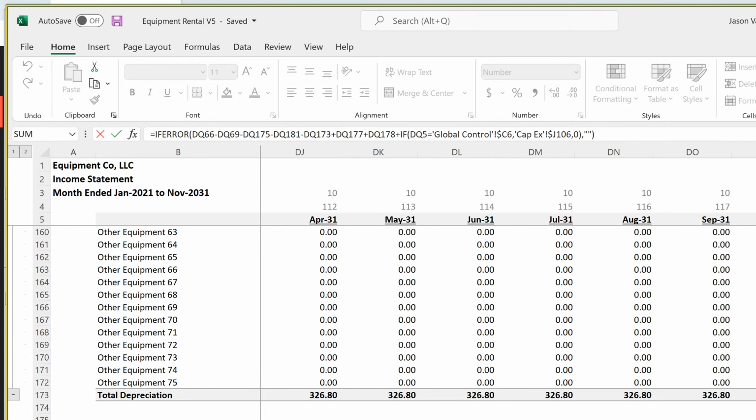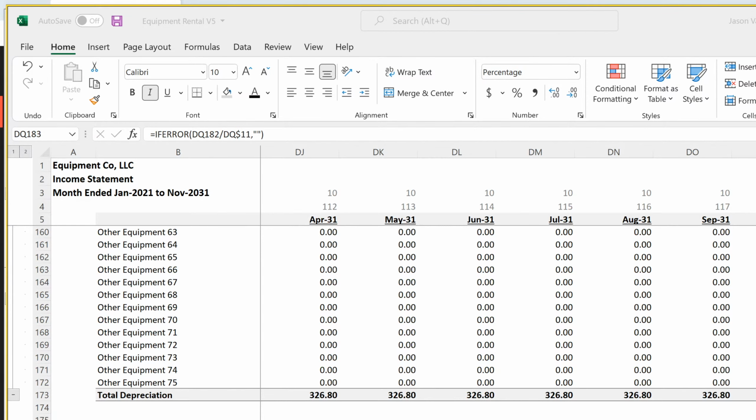So this is just the net gain or loss, plus, oh, is it adding that twice? We're adding J106 and we're also adding this if the date matches the end month.